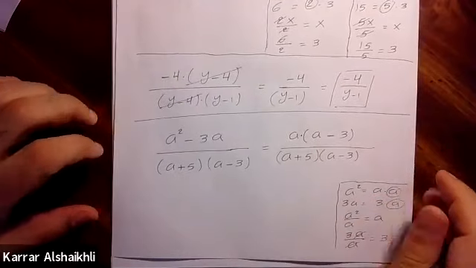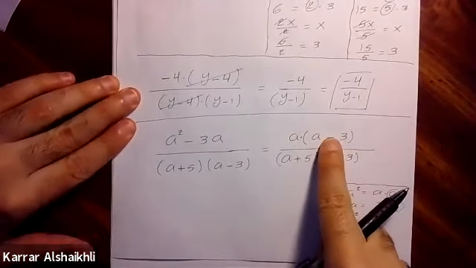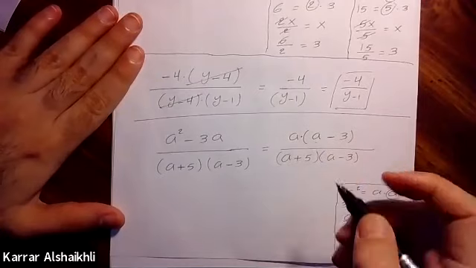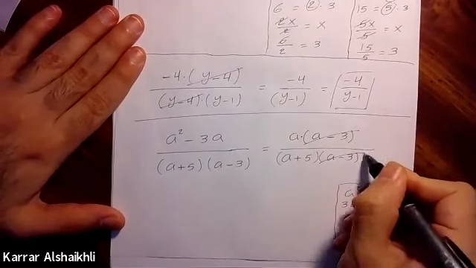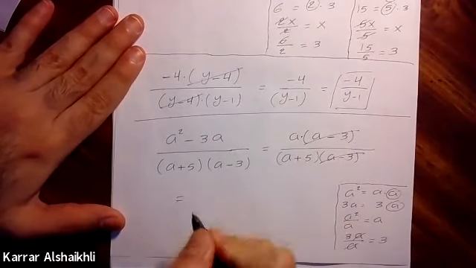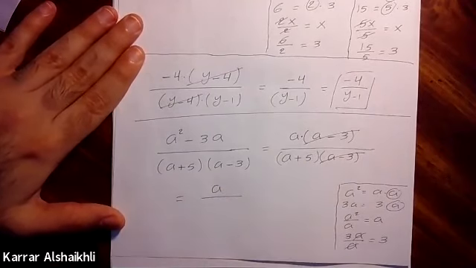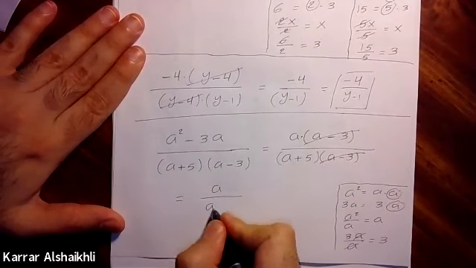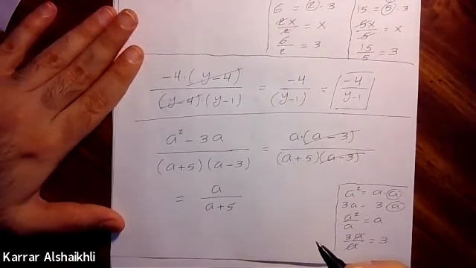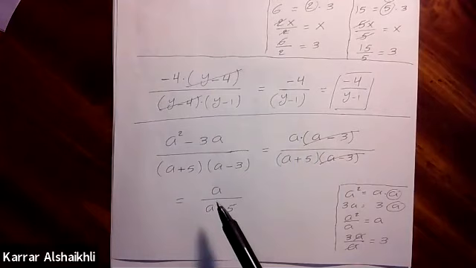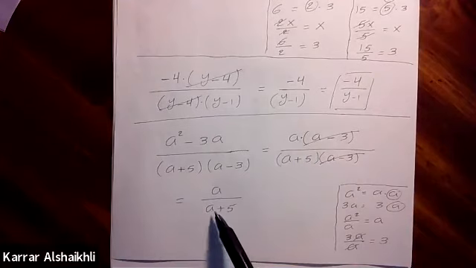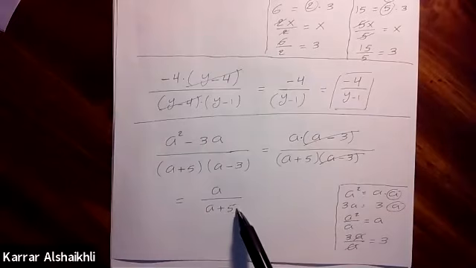So now let's see. We have exactly the same parentheses on the top and on the bottom. So we're going to cancel this one with this one. The leftover from the top part is just the A. The leftover on the bottom is A plus 5. Again, you can't cancel this A with this A. Why? Because it's a plus between these two terms. It's not multiplication.